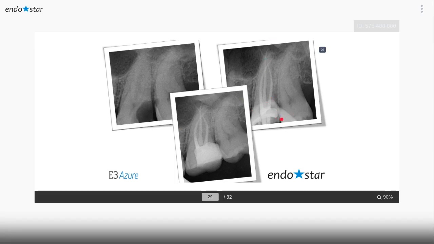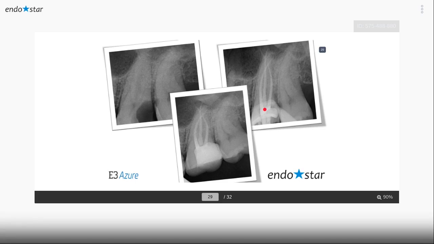I never stop irrigation. And by the way, sometimes you leave the sodium hypochlorite inside the canal for 1 to 2 minutes during your treatment, then clean it, then put in fresh sodium hypochlorite again. So I combine sodium hypochlorite and saline. Then again, I put in fresh sodium hypochlorite and combine this protocol with the ultrasonic tips.